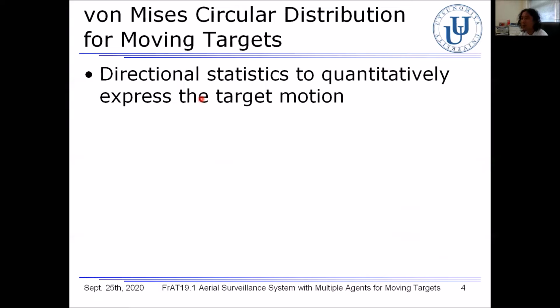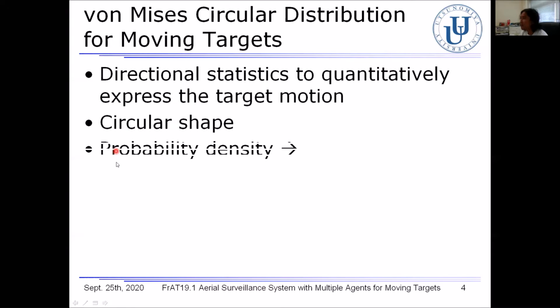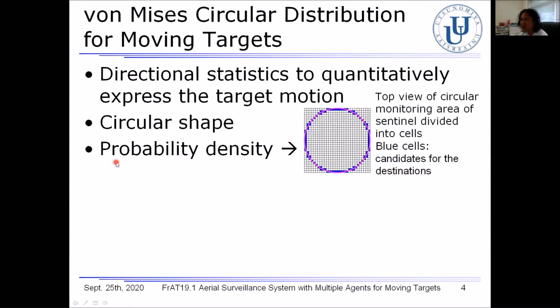For the first challenge, the target motion monitored by the sentinel is quantitatively expressed on the basis of the von Mises distribution. The von Mises distribution has a circular shape, thus the probability density is defined along the circle of a monitoring area as shown in this figure. In the surveillance system, the monitoring area is divided into cells.